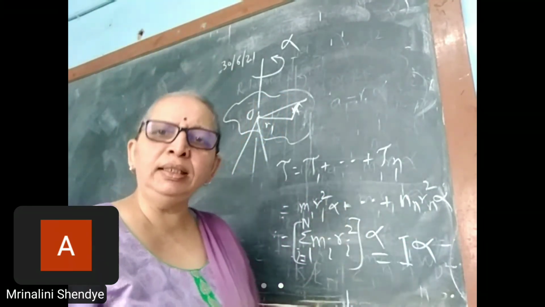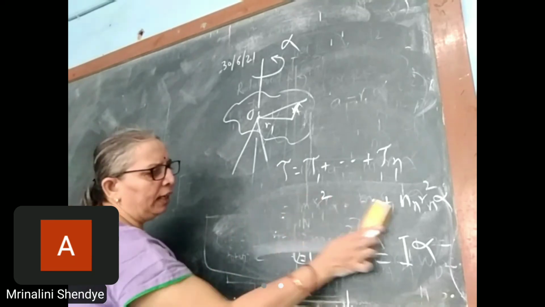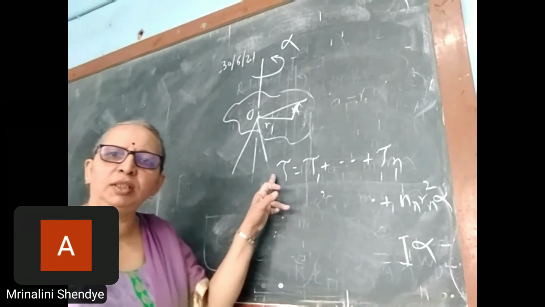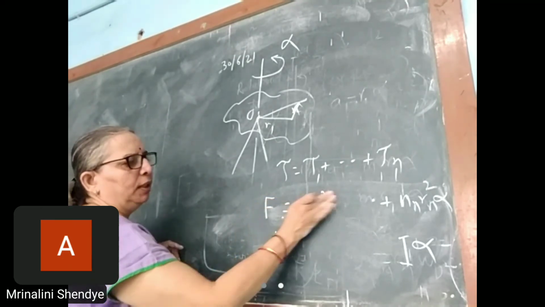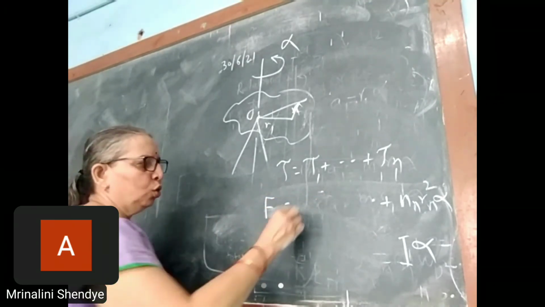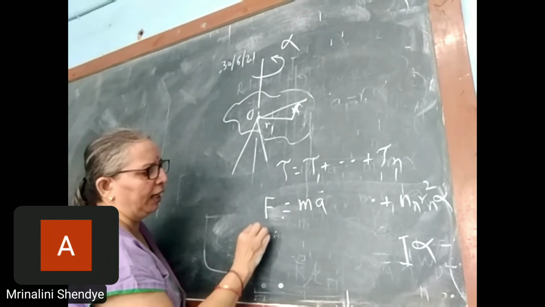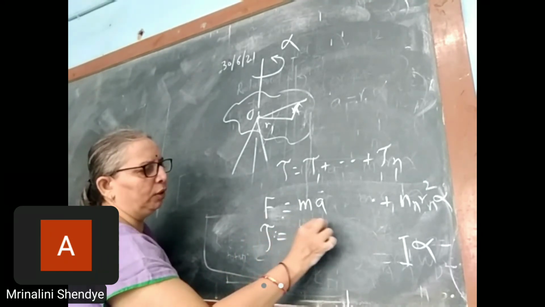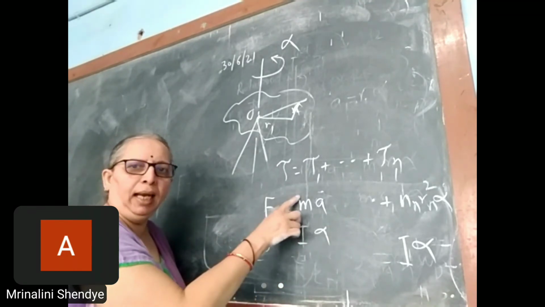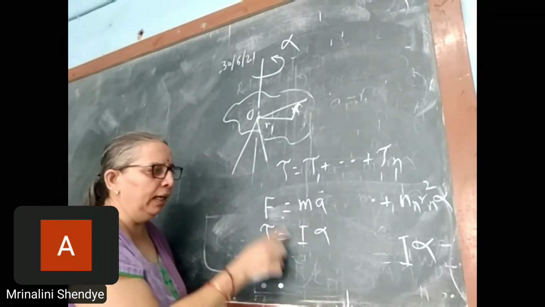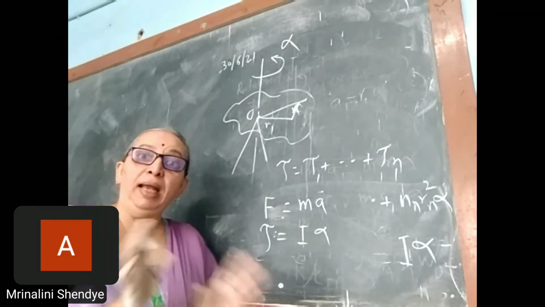So in this expression also, you can take analogy. Torque is responsible for rotational motion, while force is responsible for linear motion. So F is equal to ma, while we get tau is equal to I alpha. So a is replaced by alpha, then m is replaced by I. These two equations will be analogous.